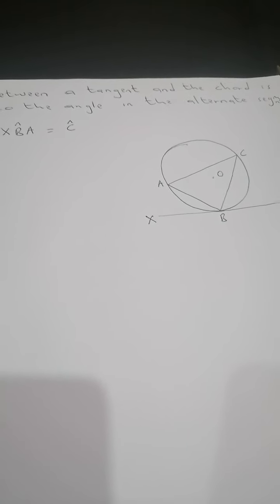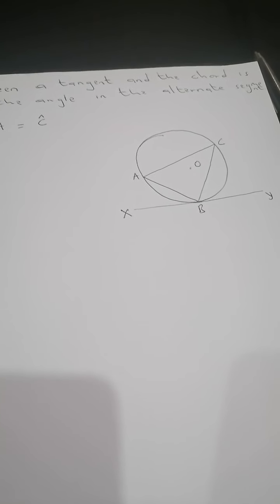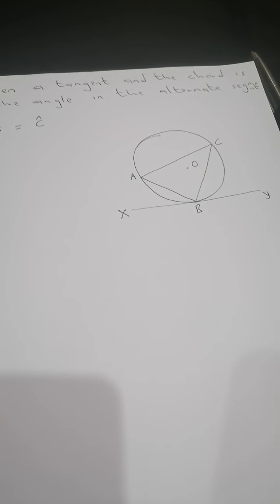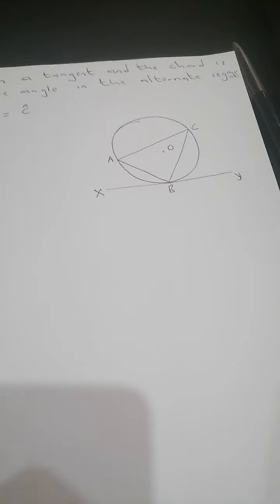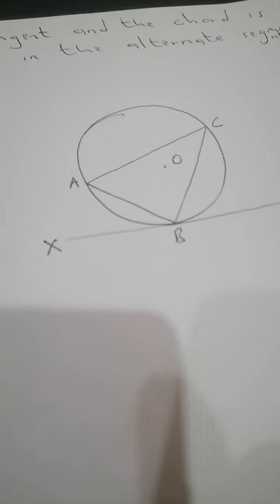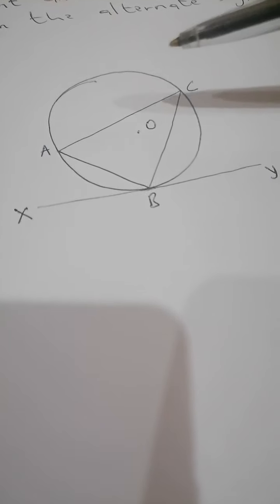Put differently, the angle between the chord and the tangent is equal to the angle subtended by the chord in the circle. If you look at this diagram here, the chord is AB.